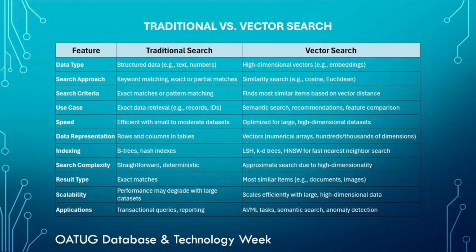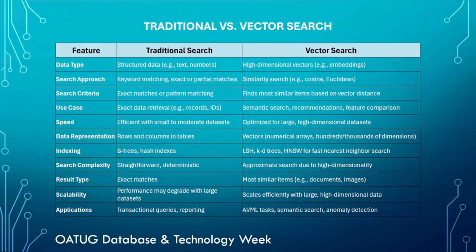It grows based on the data dimension, how the data is being stored, and in many other ways. The result type is exact matches in traditional search, but vector search can give you the most similar items based on the meaning or contextual relevance of the data.